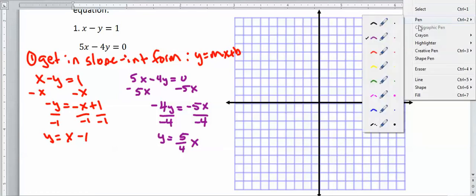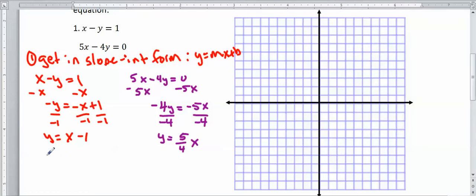Okay, so to graph each line independently, the slope of the first line, this 1 in front of the x, is 1 over 1. Or, remember for our purposes, we could also do negative 1 over negative 1, so flip them both. And my b, the y-intercept, is negative 1. When in doubt, always start in alphabetical order, so I'm going to start with b, my negative 1.